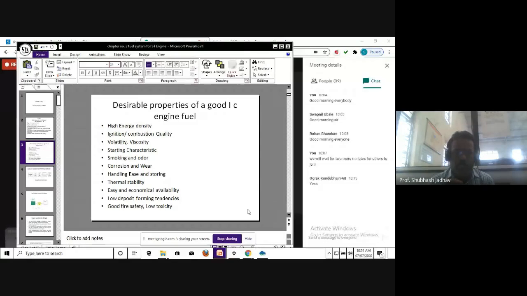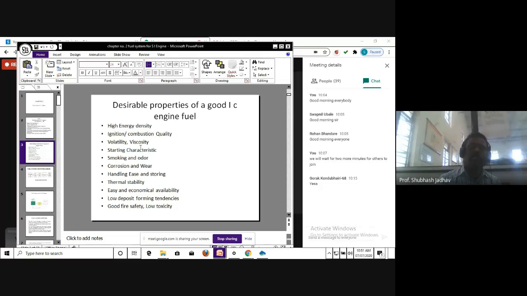It will also evaporate, but the amount of evaporation is going to be less. So it is an indication of volatility. So how easily the fuel is able to convert into vapor is indicated by what you call volatility.